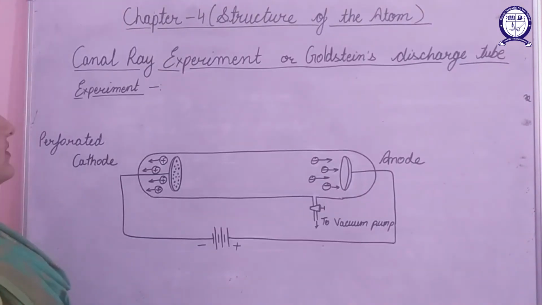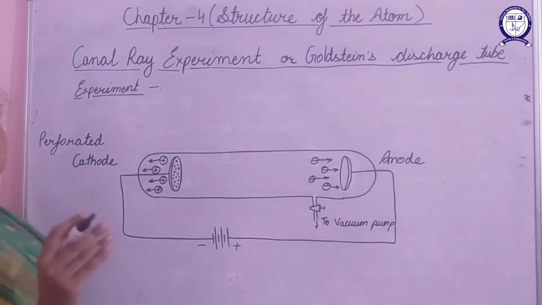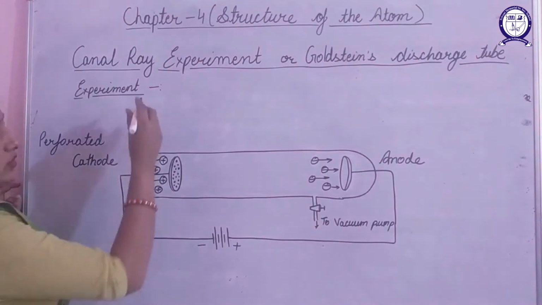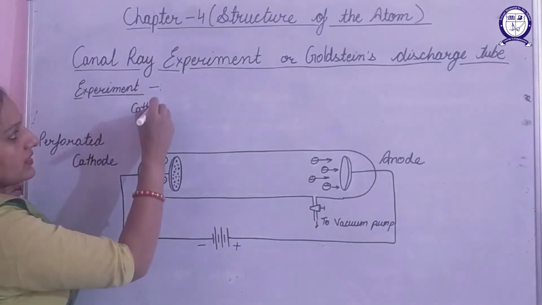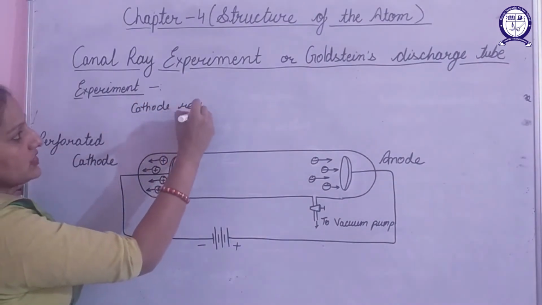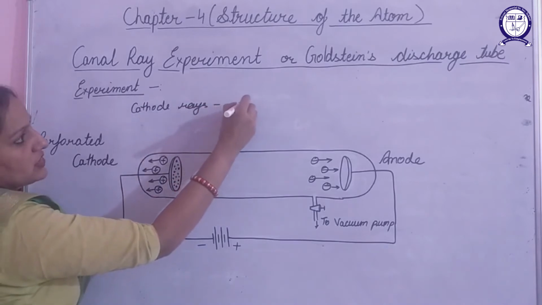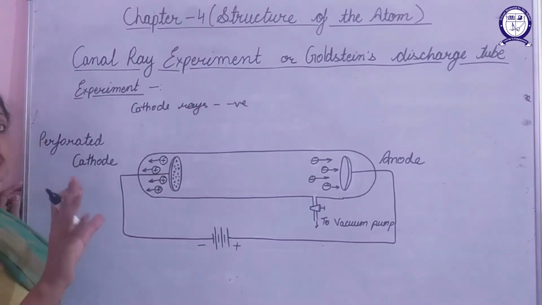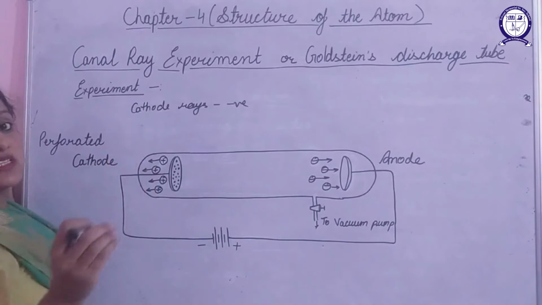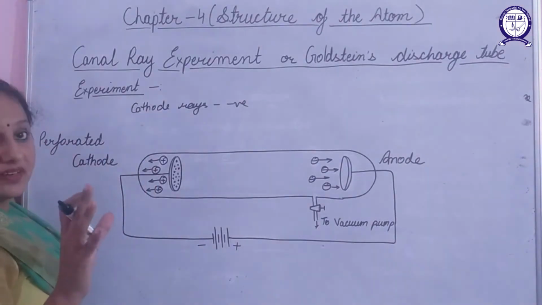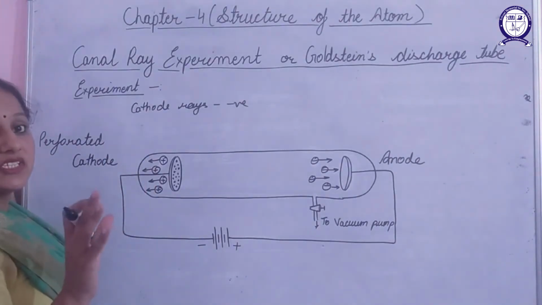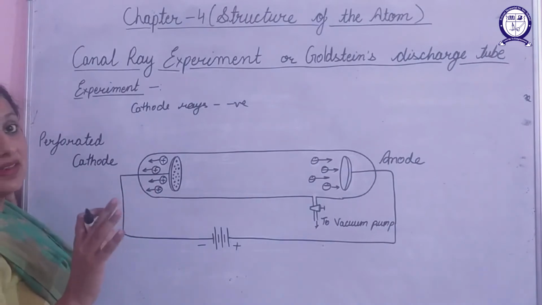Next is the canal ray experiment, or Goldstein discharge tube experiment. The discovery of cathode rays showed that cathode rays were negatively charged rays. It was proof that these cathode rays are present inside an atom, or we can say that a negatively charged particle is present inside an atom.